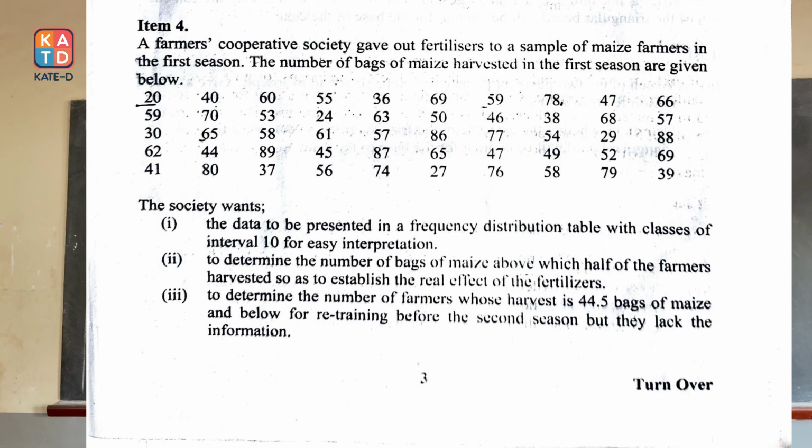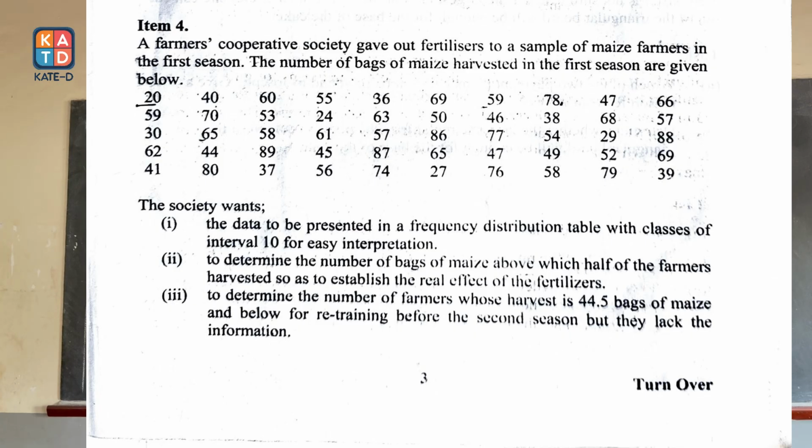The number of bags of maize harvested in the first season are given as below. The society wants, 1, the data to be presented in the frequency distribution table with classes of interval 10 for easy interpretation.